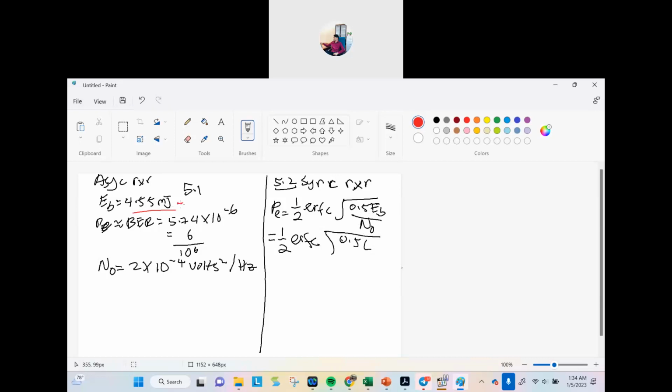I just put A here so that it is easy for space, and then the next, N naught, I put here as B. It will be used here. When we solve, we will find that the half of the error function, you calculate this, you will get 3.37.